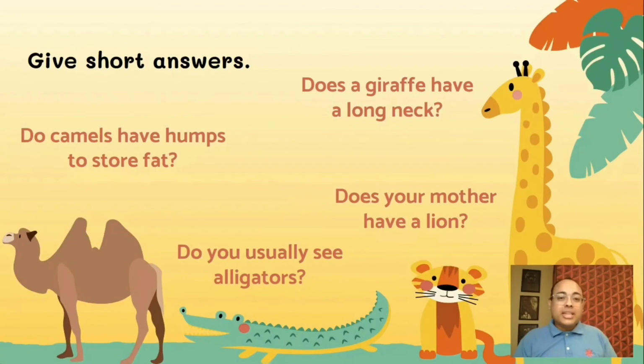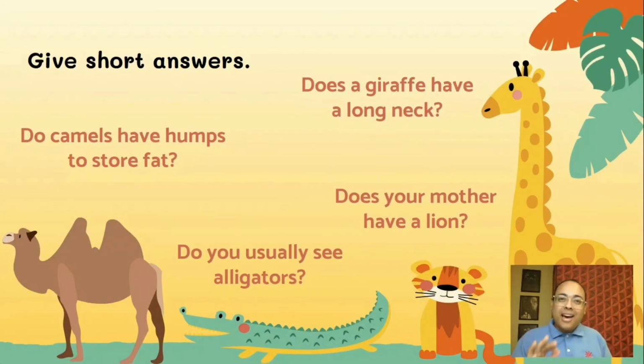Do you usually see alligators? Okay, yes, very good. Probably you answered no, I don't, right? But if you do, oh my God, I think that's something terrible, right? You see alligators? So probably you answered no, I don't. I hope so. Does your mother have a lion? Oh my God, I hope you answered no, she doesn't, right?